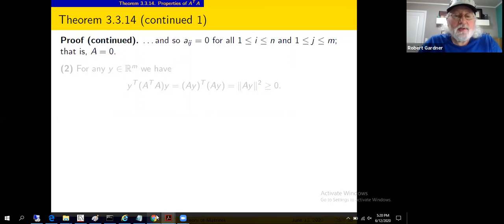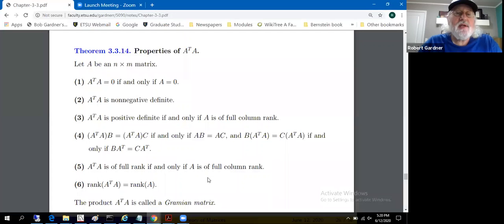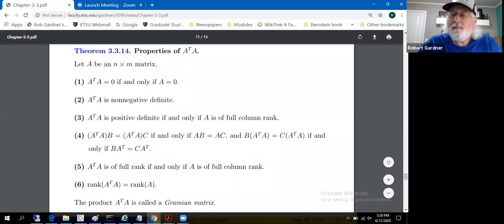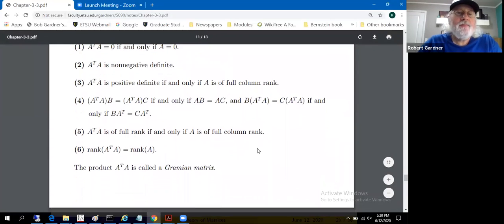Okay, like I said, let's pop back and look at the statement. So we've got the first one done. The second claim is A transpose A is non-negative definite.